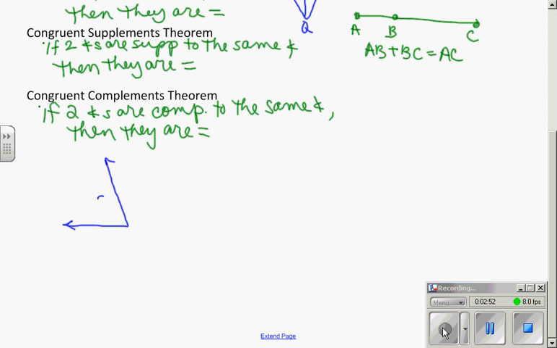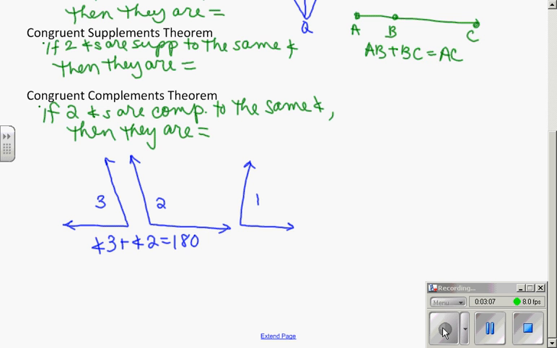If I have angle 3 and I have angle 2, and let's draw angle 1. And I said angle 3 plus angle 2 equals 180. That would make them supplementary. And angle 1 plus angle 2 equals 180.